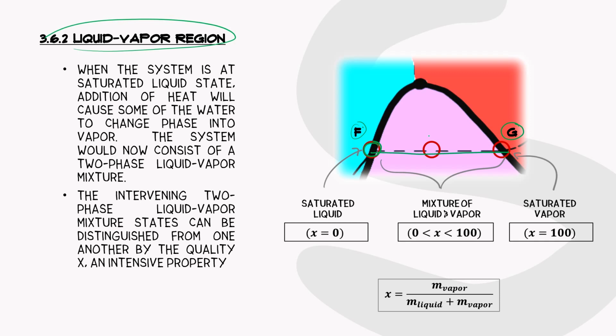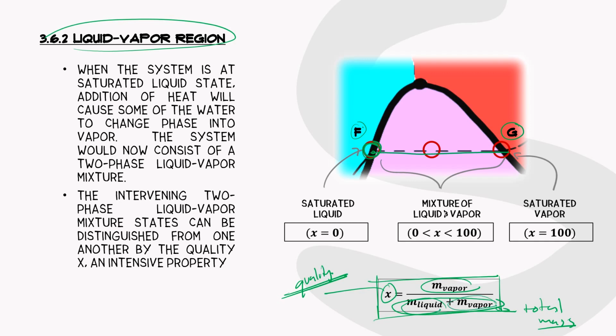So we will introduce another property called the quality, the letter X. The definition of quality is the mass of water vapor divided by the total mass of the substance. The total mass is the sum of the mass of the liquid and the mass of the vapor.